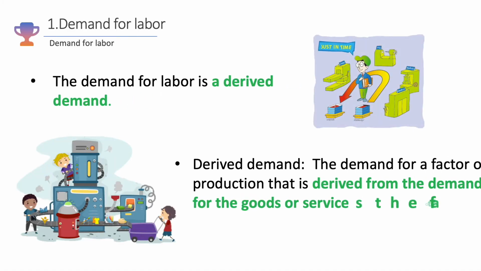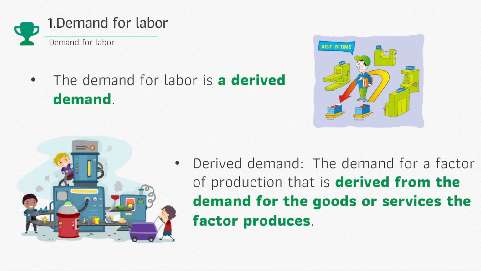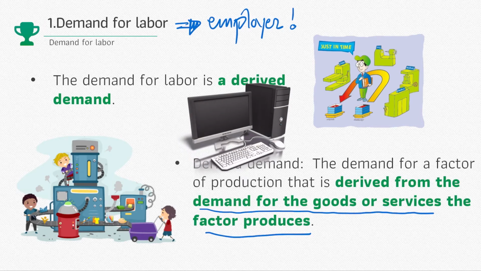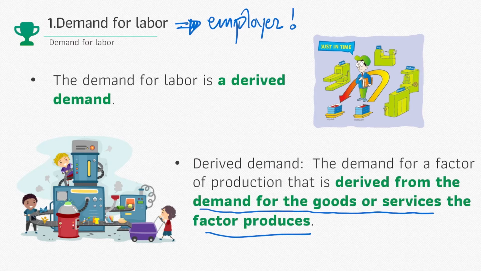The demand for labor is the story of the employer, because they need to hire since there is a demand for goods or services in the commodity markets. They have high demand for computers, so they have a demand for workers to produce computers, for instance.